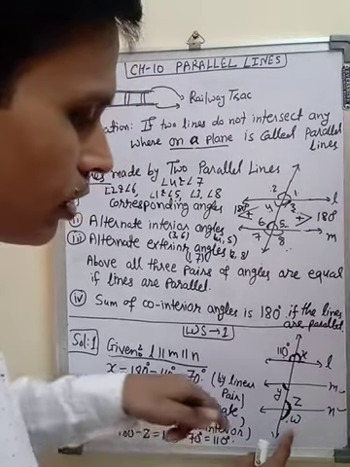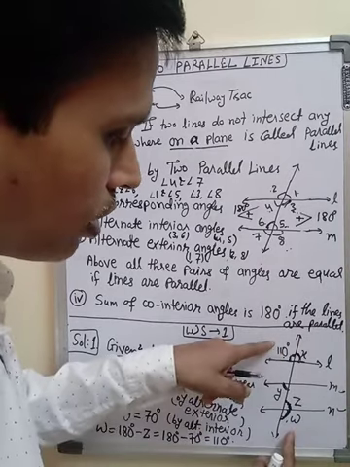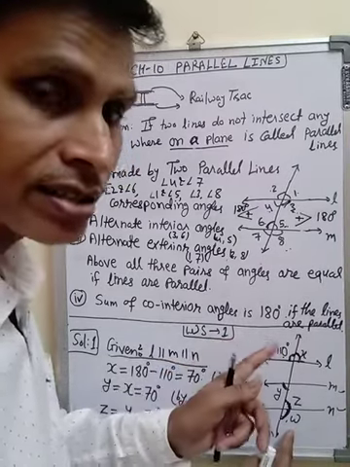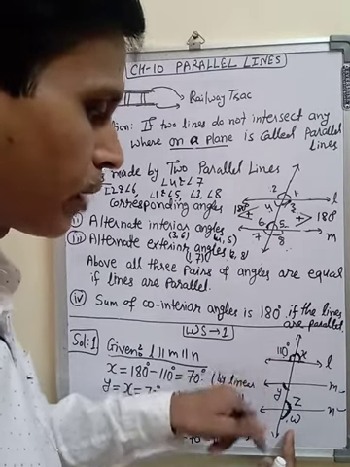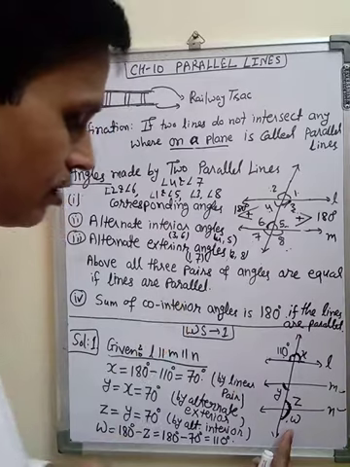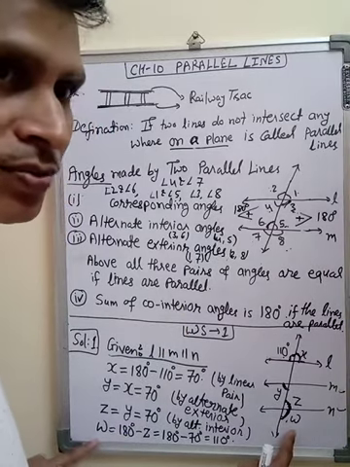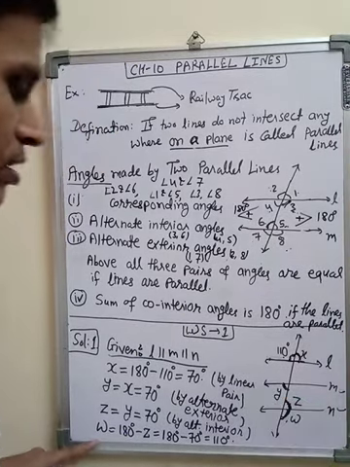Another way for finding W: W and 110 are alternate exterior angles. So you can directly write W is equal to 110 degrees by the pair of alternate exterior angles. For finding W, there are so many ways.